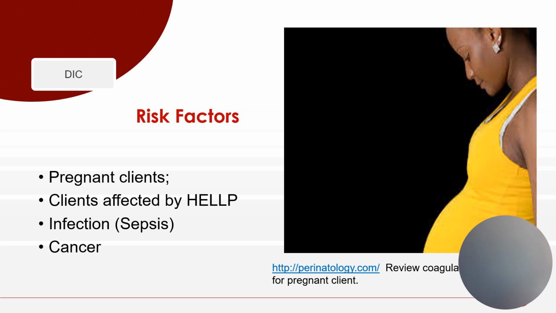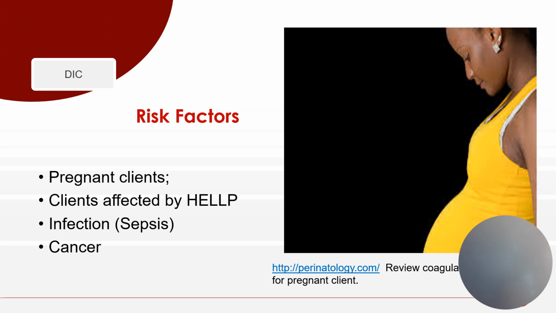First of all, what is DIC? Again, it's disseminated intravascular coagulation. It's basically an issue with the clotting process where we have hypercoagulation of the blood with an overconsumption of clotting factors, and then we have the development of microthrombi.